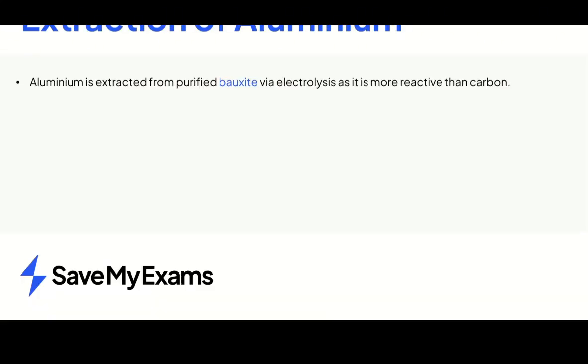In summary, aluminium is extracted from purified bauxite via electrolysis as it is more reactive than carbon. Cryolite is added to reduce the melting point of bauxite and also to dissolve it. This allows electrolysis to occur as the ions are free to move and carry a charge.